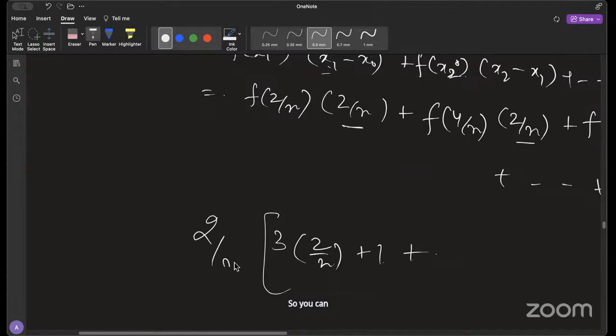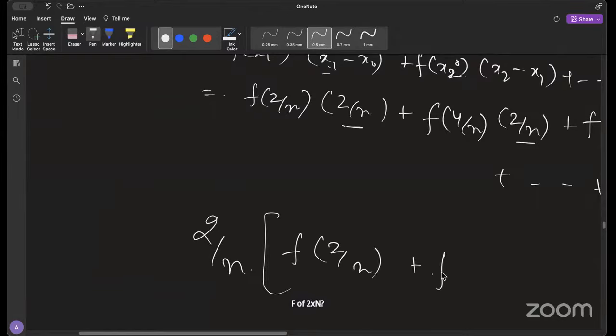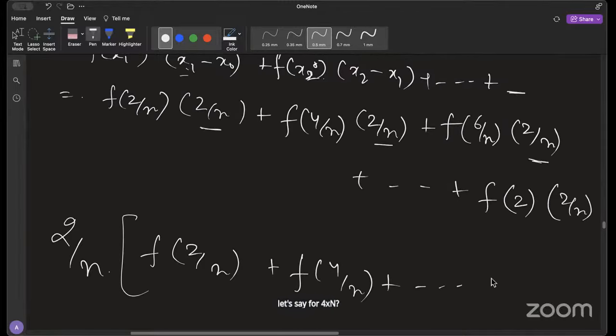So you can take 2 by n common. You'll only be left with f of 2 by n plus f of 4 by n plus so on till f of 2.